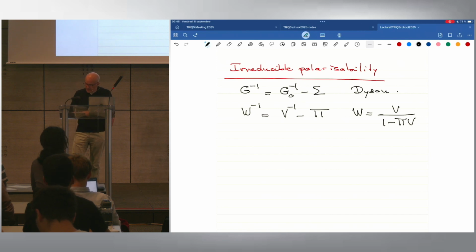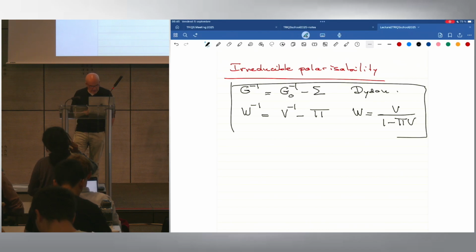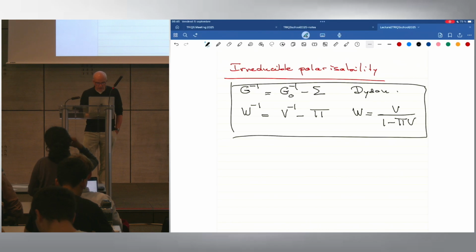Well, that's the relation between W and pi. So these are definitions that you need to keep in mind. Okay, very good. So I think in terms of formalism, this is all that I need.